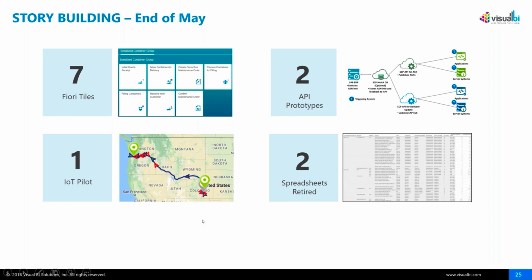And so we had these additional Fiori tiles, and we'll talk a little bit about that, that were used for operational stuff, including analytics. We had an IoT pilot for tracking our loads that get tendered.